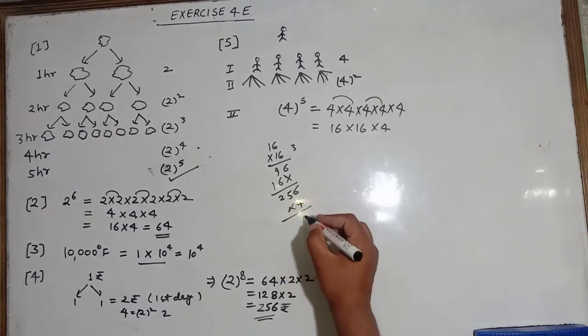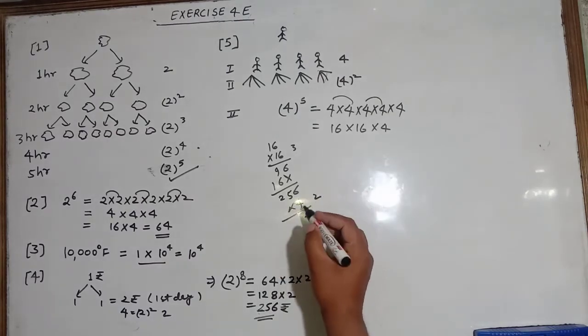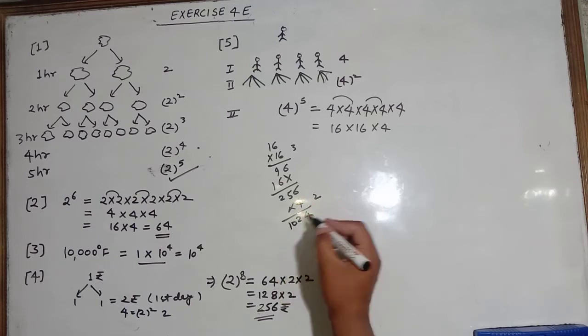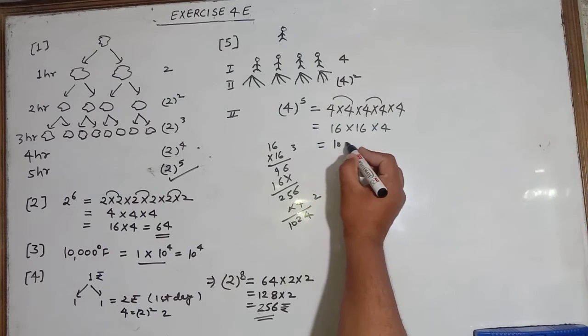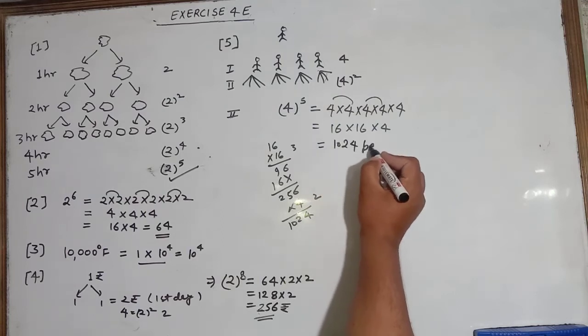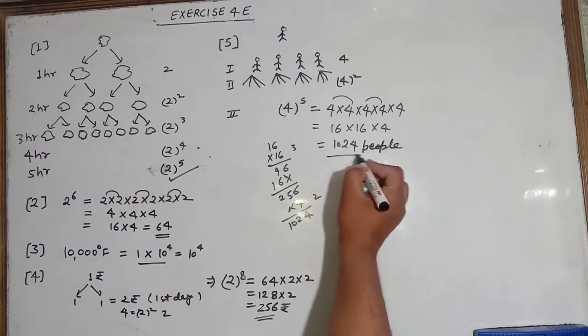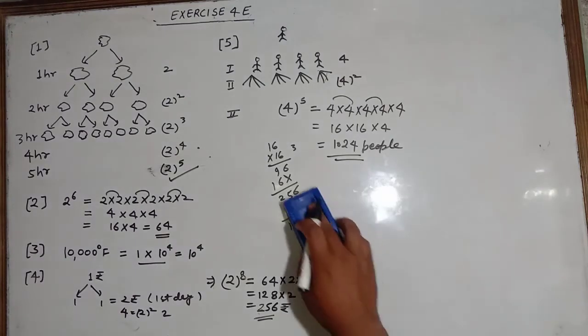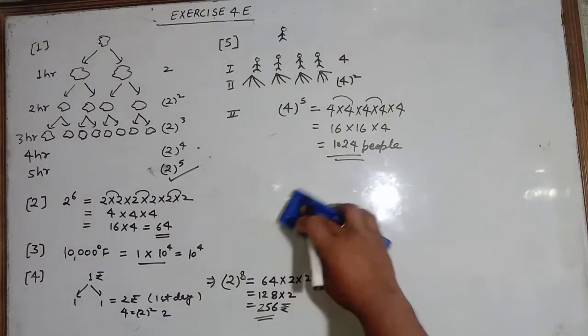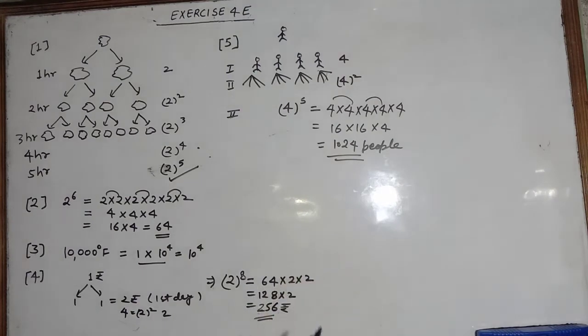So it will be equal to 1024 people. So in the 5th round you will meet 1024 people. Now come to the next question, that is question number 6.